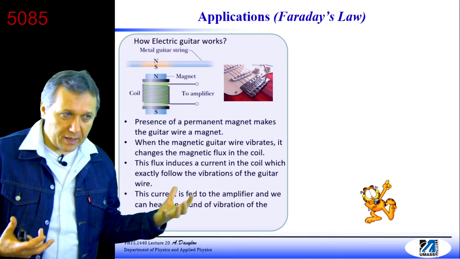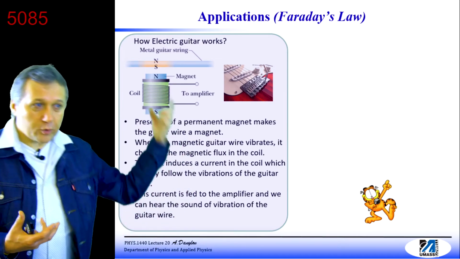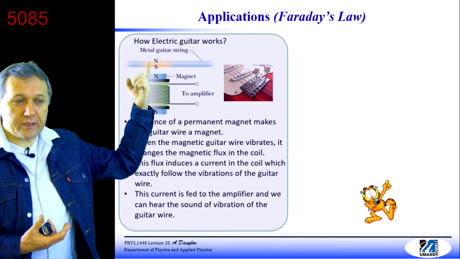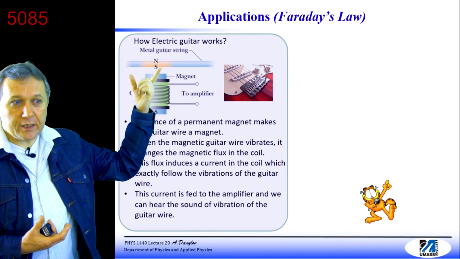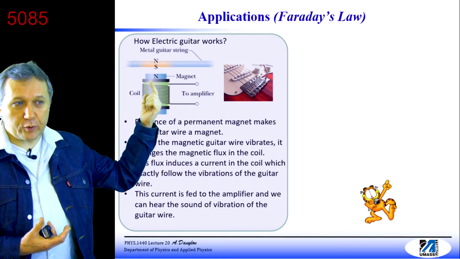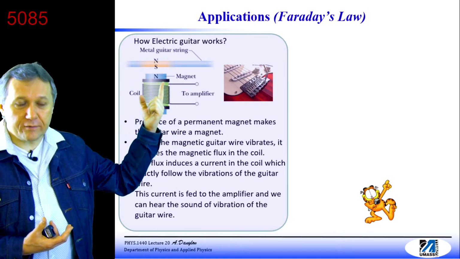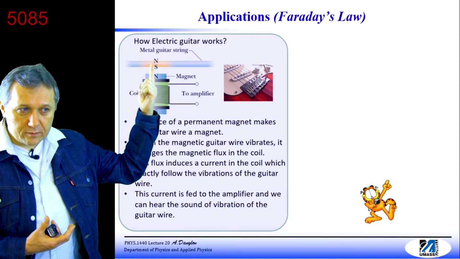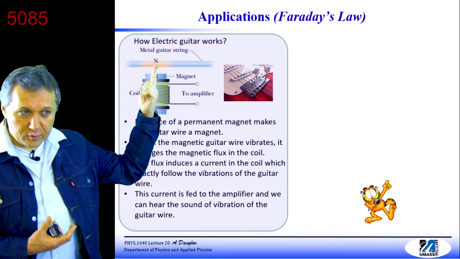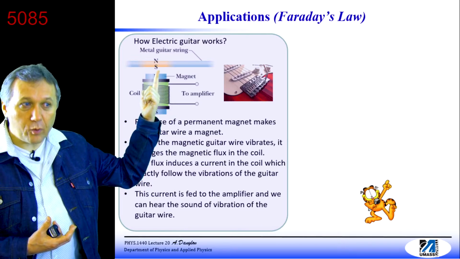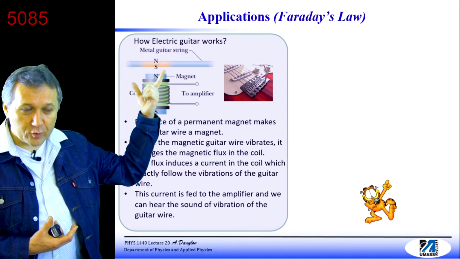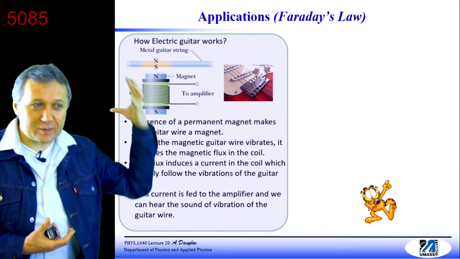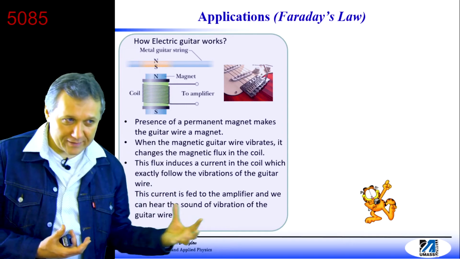So it becomes a magnet. In this case, this string is made out of magnetized material, and since it is exposed to the magnetic field created by this permanent magnet, the string becomes a magnet. You see north and south poles of this string. So now this string is a small magnet.